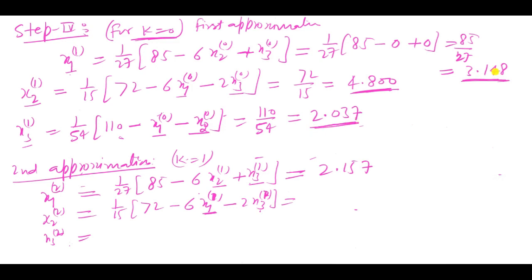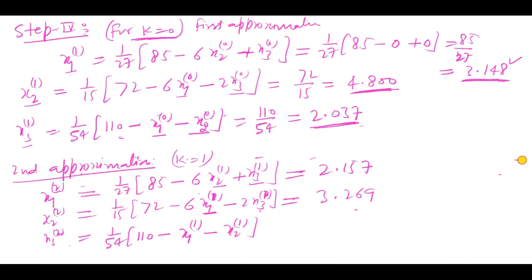Substitute both values in this expression and simplify with the help of the calculator. So we obtain 3.269. Similarly, put k is equal to 1 in equation 3, then x3^(2) is equal to 1 upon 54 times (110 minus x1^(1) minus x2^(1)), and x1^(1), x2^(1) were obtained in the first approximation.